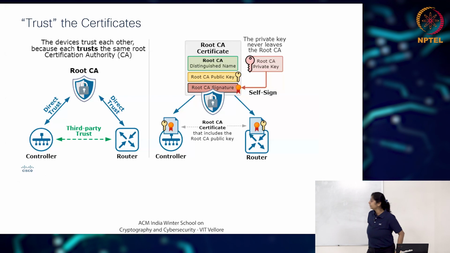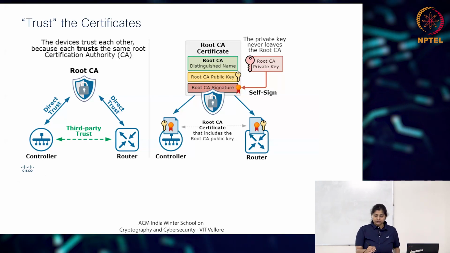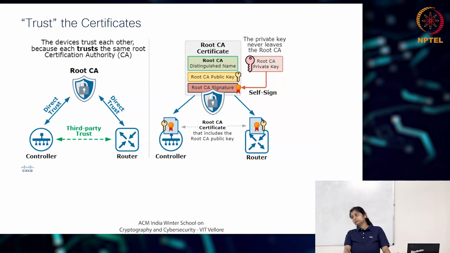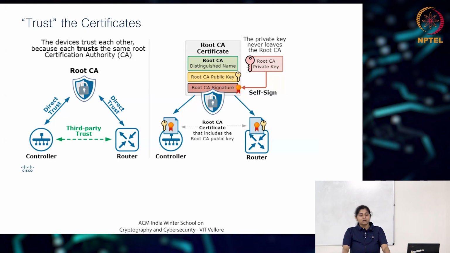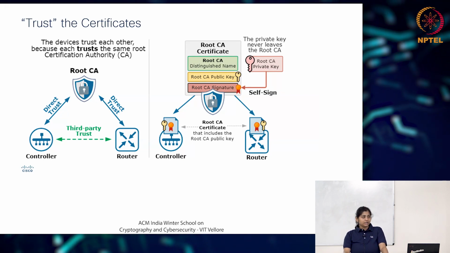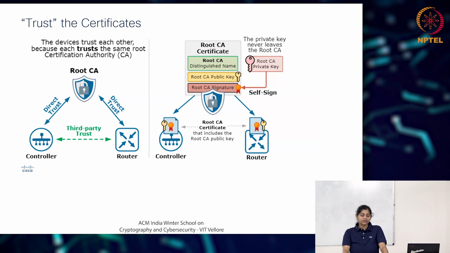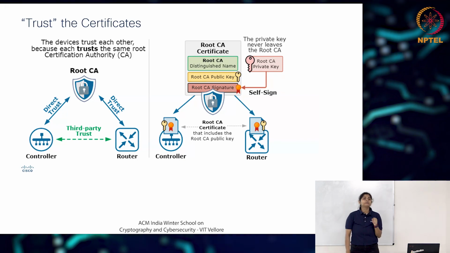So what did we learn? The direct trust is always from the root, okay, because there is no one above who is issuing certificates to the root CA. But the controllers and routers, mostly network devices where we install certificates to create trust, what they can do is, remember initiator and responder from IPsec.